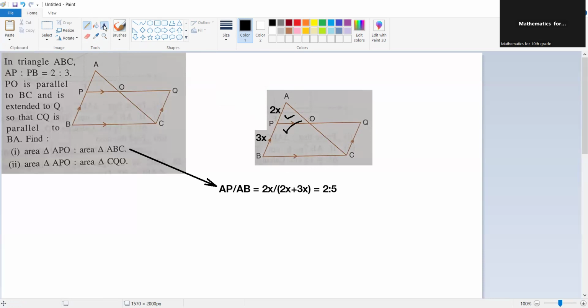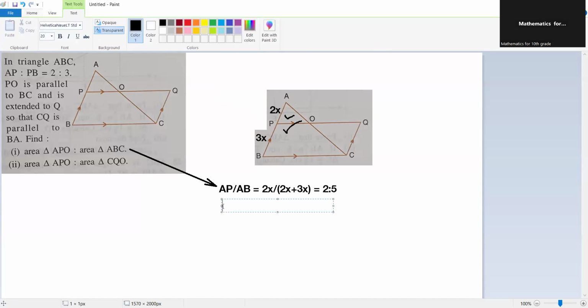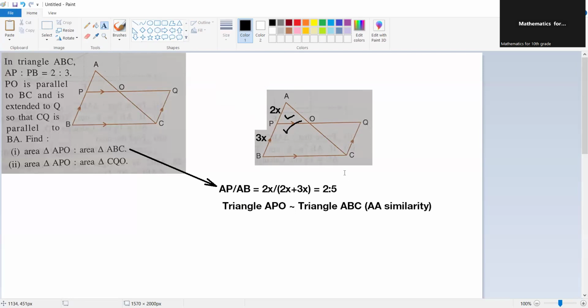So which means triangle APO is similar to triangle ABC. By which similarity? It is the AA similarity. Why are two angles the same?